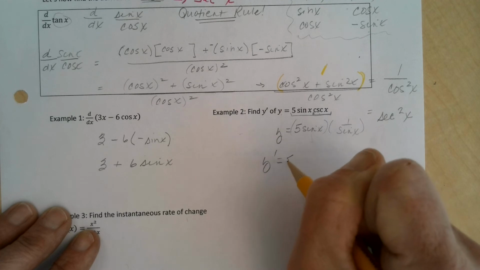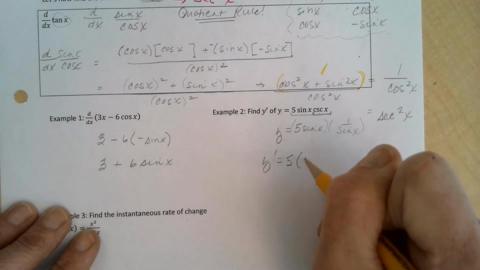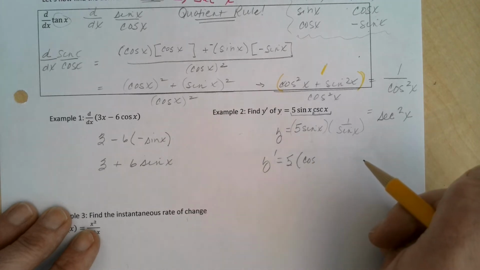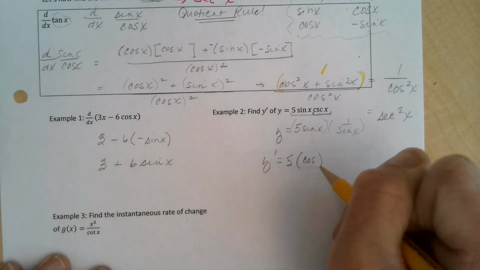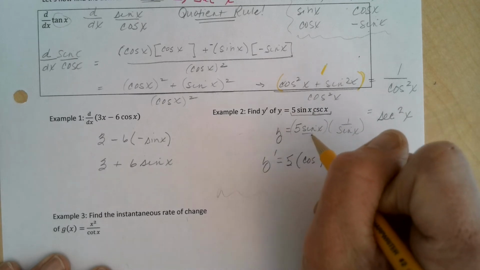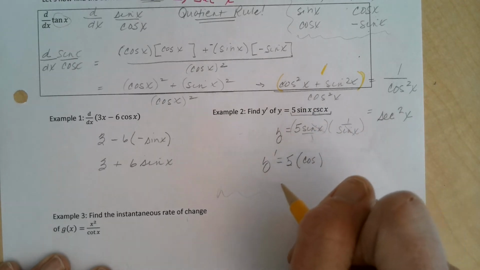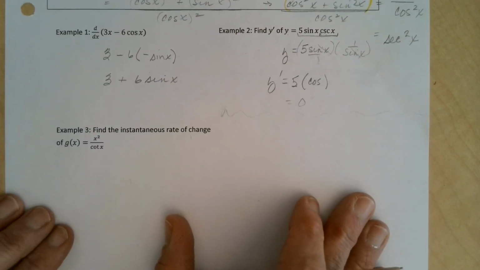See, I just want to call this 5 times cosine. I don't like how she has it written here. Can we table this one? Because I just want to cancel these out and call it 0. And I don't think that's what she intended for us to do. We're going to table that and come back to it.